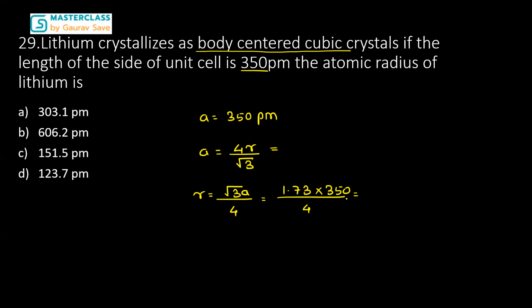Okay, so guys, let's multiply it by 17. Let's assume this is 1.7. So 17 zeros are 0, 17 fives are 85, 8 will get carried forward, and 17 threes are 51. So we'll get 595 divided by 4.